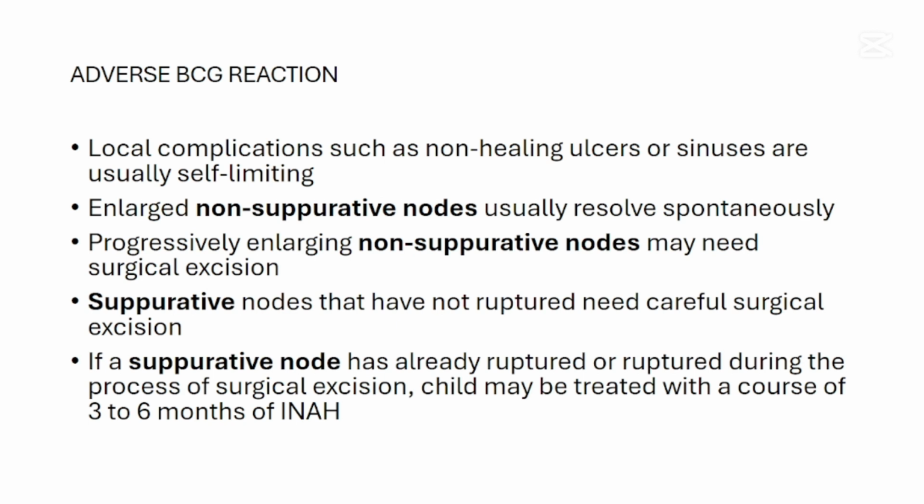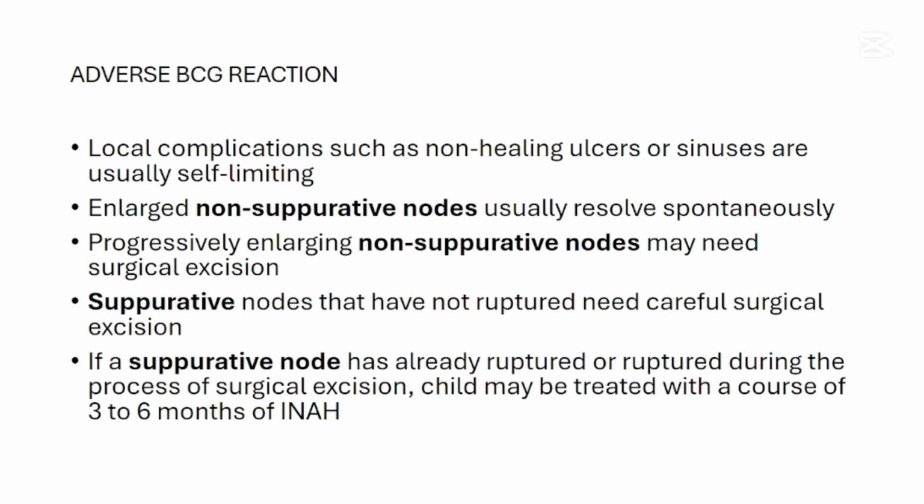But according to some other guidelines, they say we can do needle aspiration twice, and if it improves with needle aspiration, there is no need for excision biopsy. But we should never do incision and drainage, because it can cause non-draining fistulas.